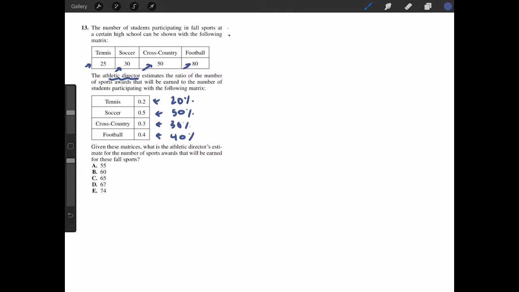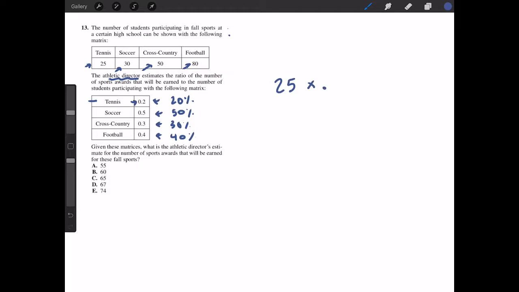Now, given these matrices, what is the athletic director's estimate for the number of sports awards that will be earned for these fall sports? So we have some choices here, and essentially what we need to know is, say, for the tennis, we have 25 students participating, and according to the matrix, the ratio of awards is 0.2, in other words, 20%. So the athletic director estimates that out of the 25 students, 20% of them will win an award.